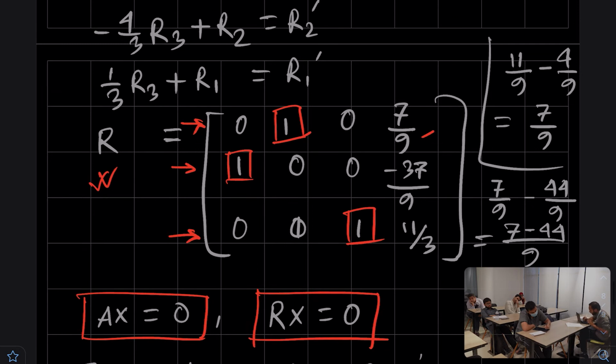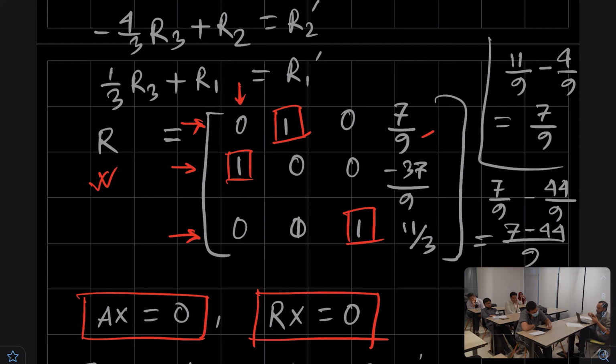When the first non-zero entry of a row is 1, that is called a leading 1.